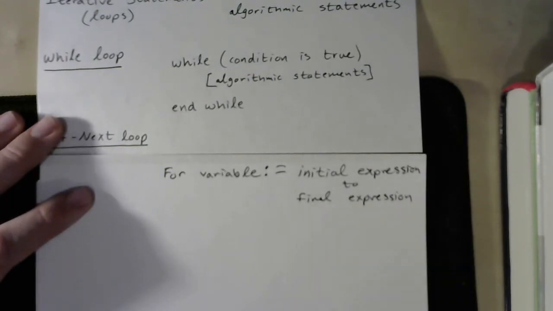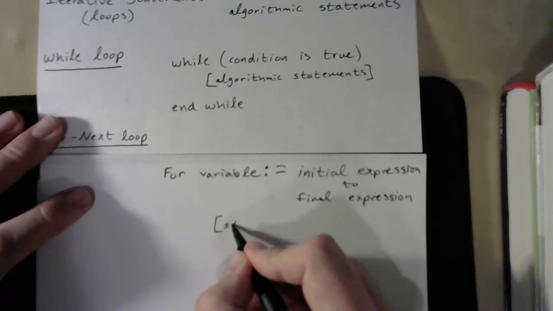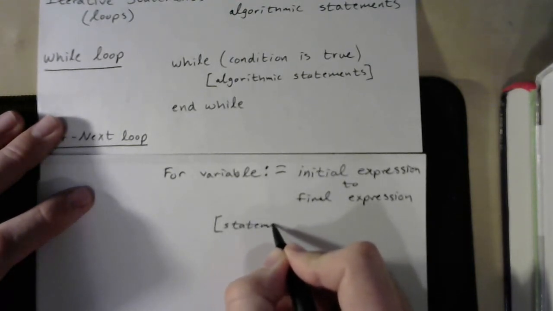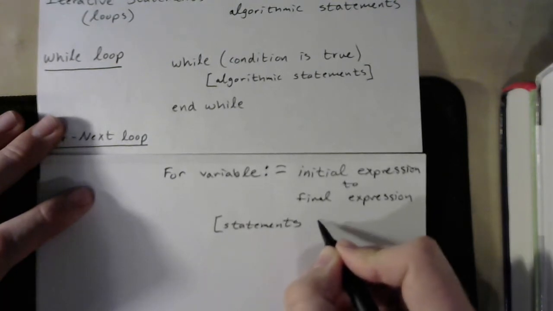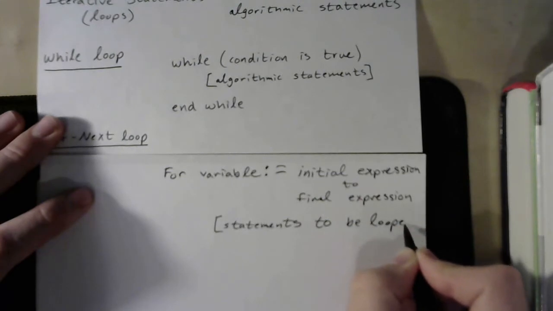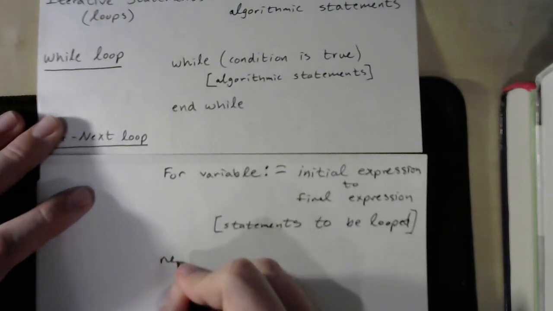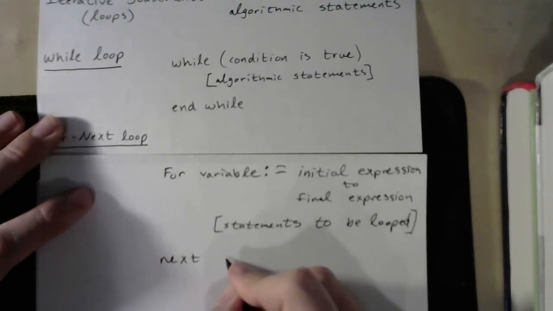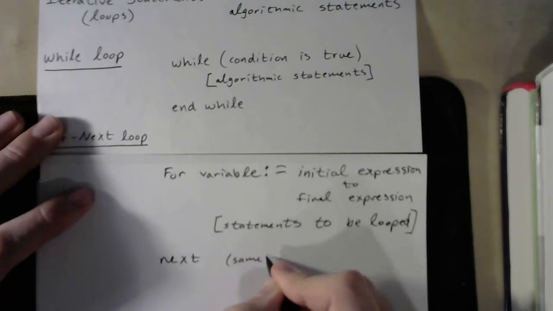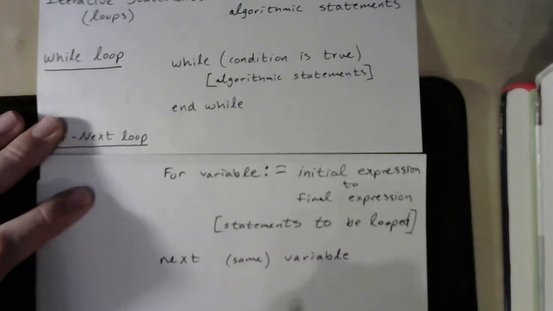So we're setting up a domain. Then after that, we would have our statements that get looped. And then we would have a next. And this is the same variable.